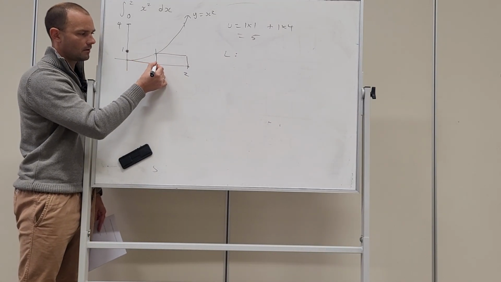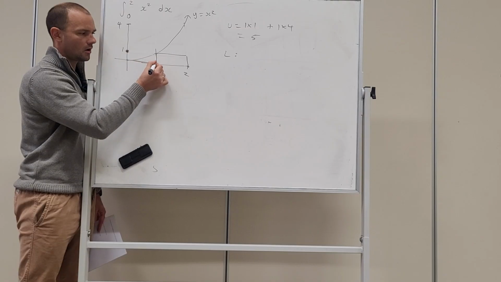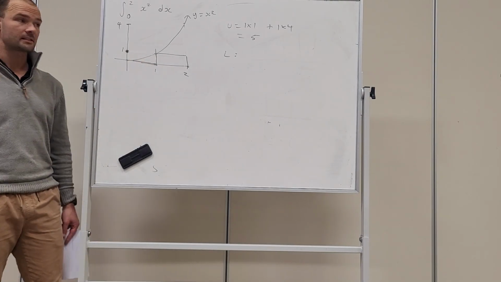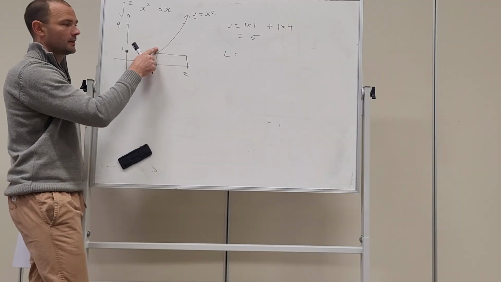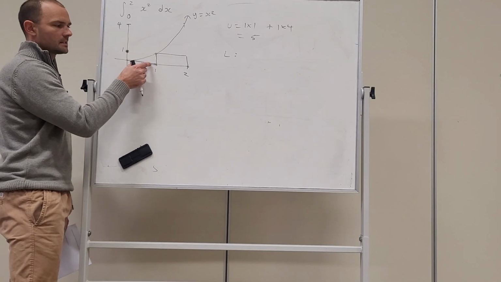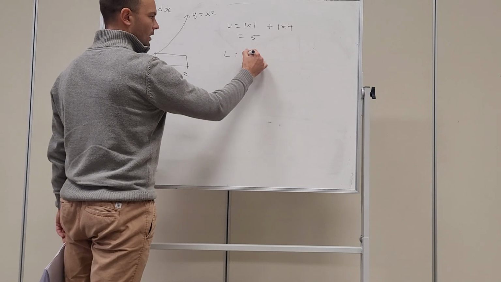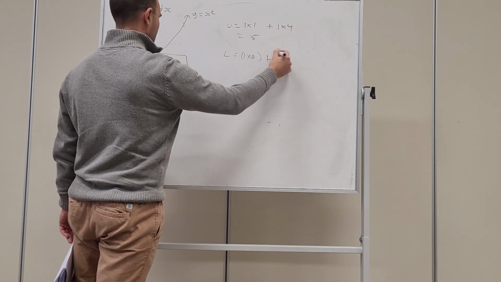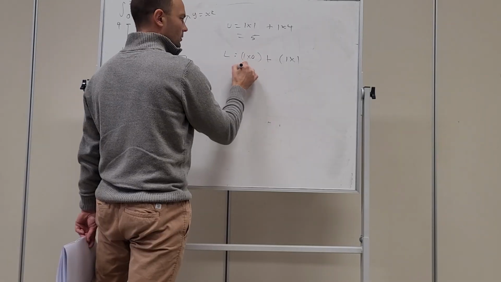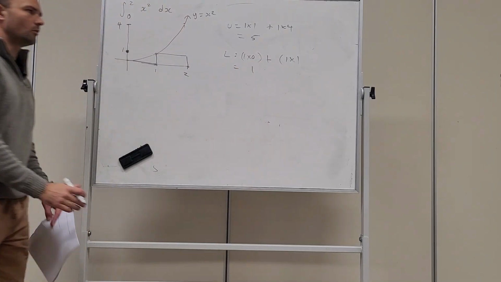So that means this rectangle here actually has a height of 0. Our lower estimate really only consists of 1 rectangle. You can think of it as the first rectangle being 1 times 0, and the second rectangle 1 times 1, which means our lower estimate is 1.